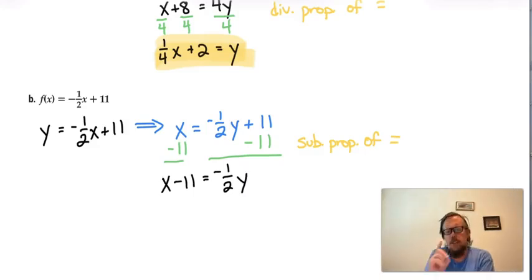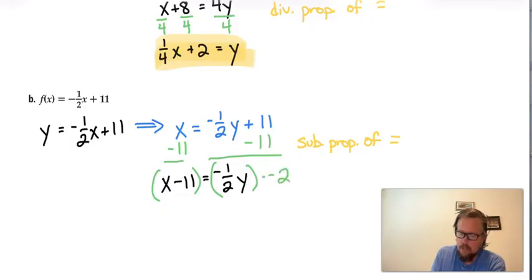And then there are two different ways that we can get rid of the negative 1/2. We can divide both sides by negative 1/2. That's fine. Or what I think is maybe a little easier to do is to multiply both sides by negative 2. Multiply by the reciprocal. I think that's a little easier to do without a calculator at least.